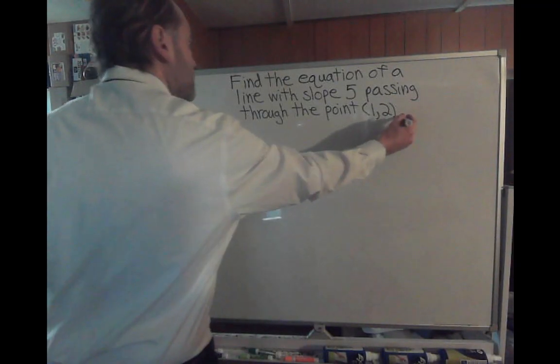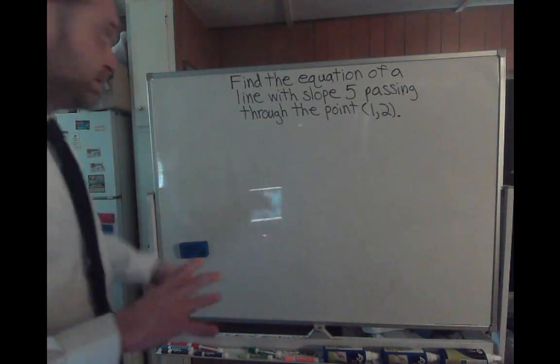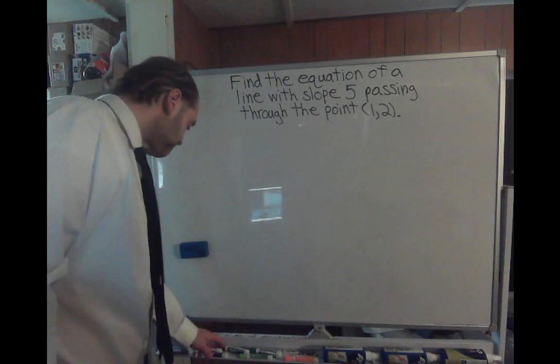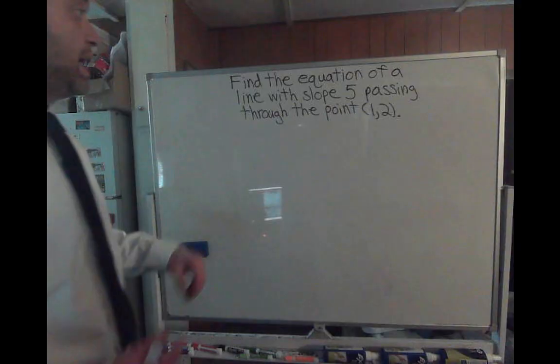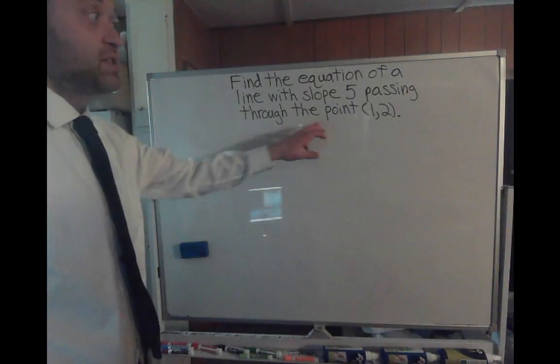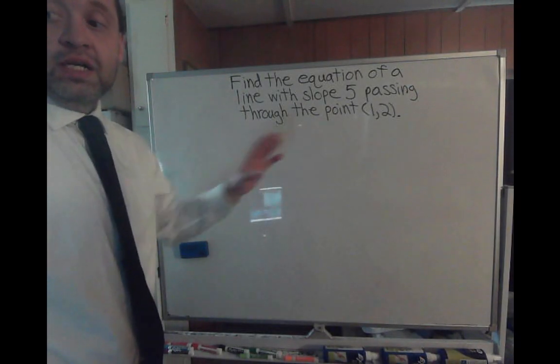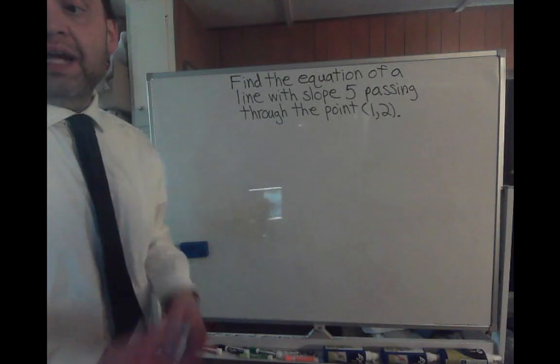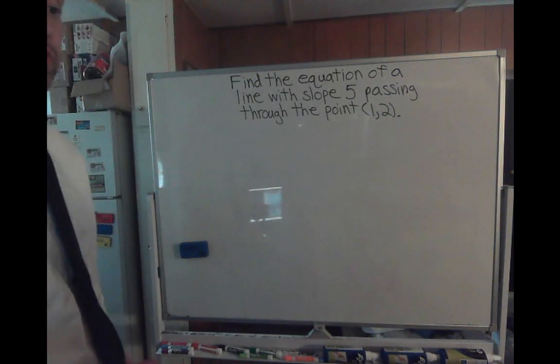Alright, so we're being asked to find the equation of a line that has a slope of 5. So the slope of the line is 5 and it passes through the point 1, 2. So we only know the slope and then one point the line passes through. That's okay.